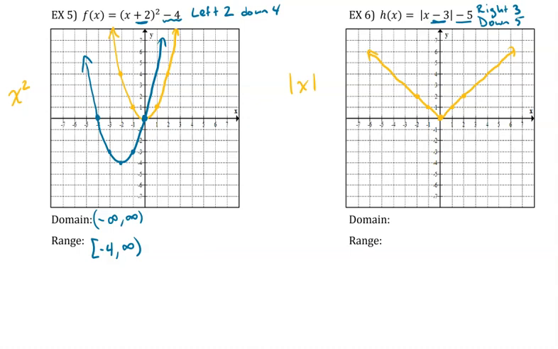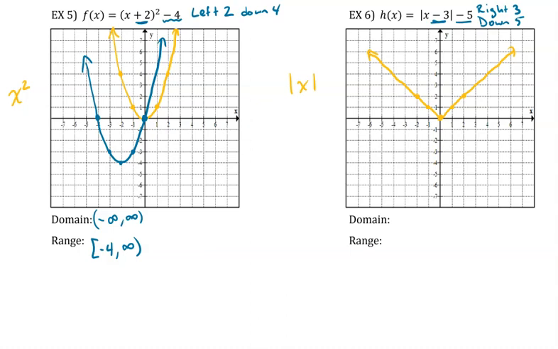So from every one of these points, we're going to go left 1, 2, 3, and down 1, 2, 3, 4, 5. If we do that for every single point, we end up with this. I'm sorry, I said left. We were supposed to be going right.